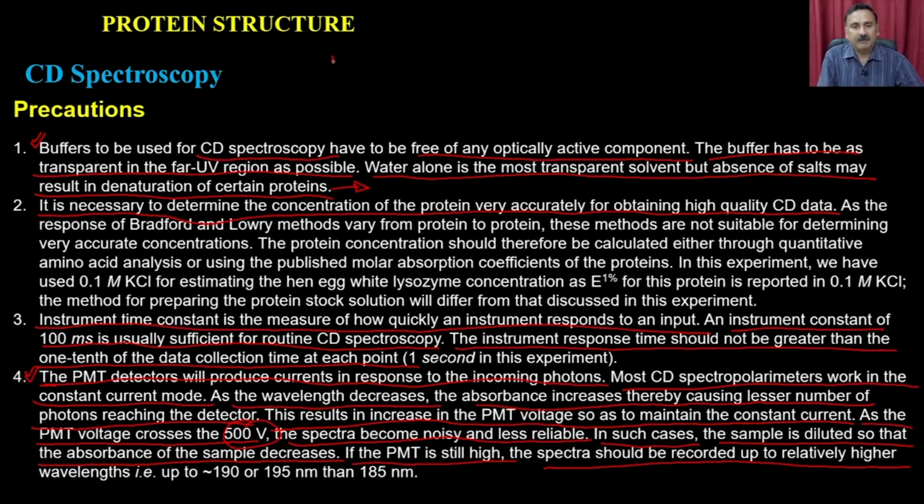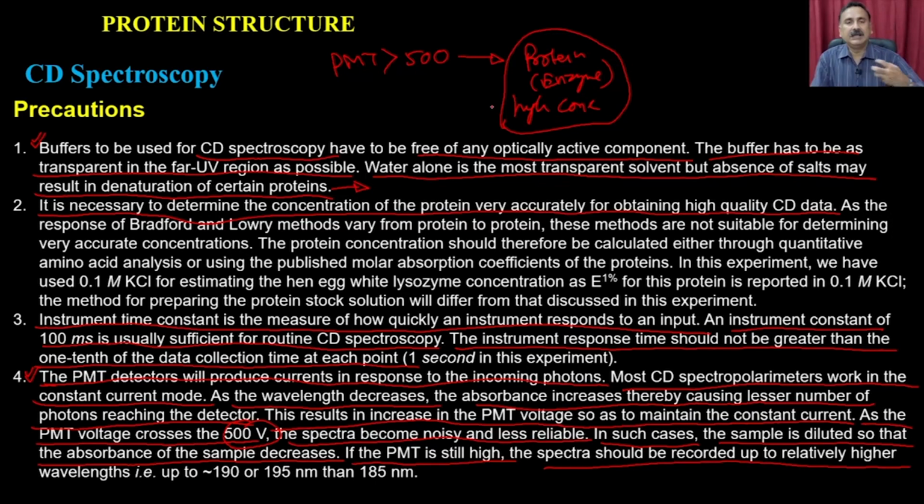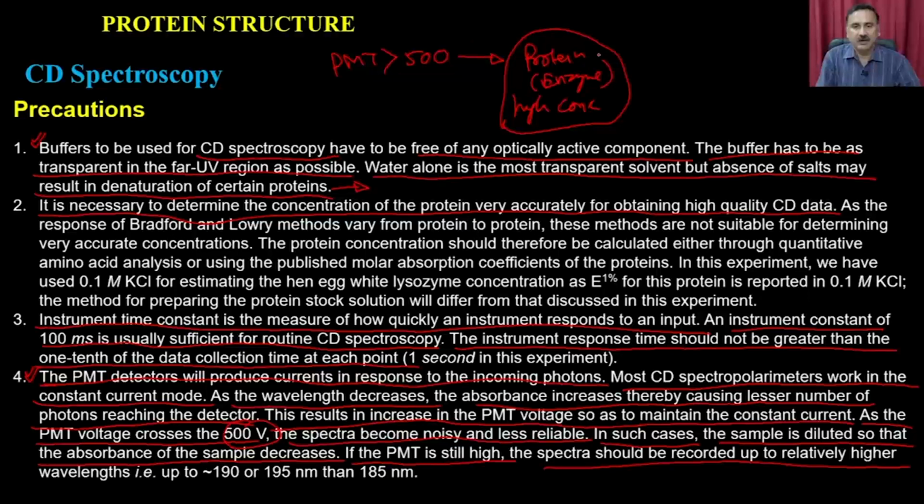If the PMT is more than 500, it could be because you are taking a protein or enzyme of very high concentration, which absorbs very strongly in that particular region and does not allow a large quantity of photons to reach the detector. Because the detector current is going down, as a corrective measure the PMT increases the voltage. That can be avoided if you lower the concentration of the enzyme.